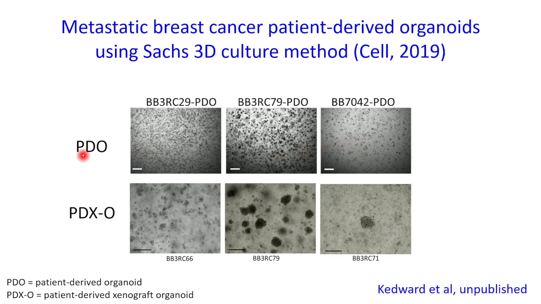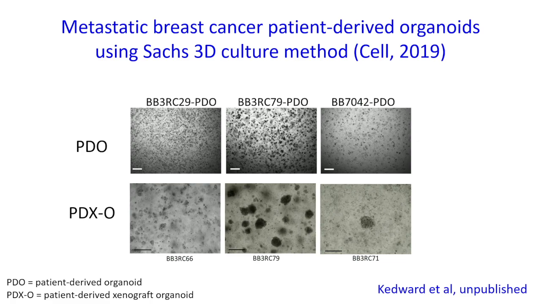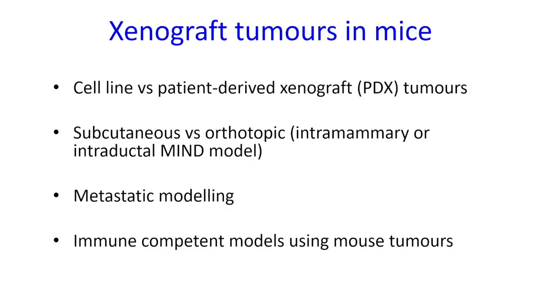You can also take patient-derived xenografts that you've derived and put these into organoid culture, and this enables you to test therapies, and then you can go to the in vivo setting and validate that they're going to work in an in vivo setting. So I think these are very applicable preclinical models to use for combining targeted therapies with radiotherapy.